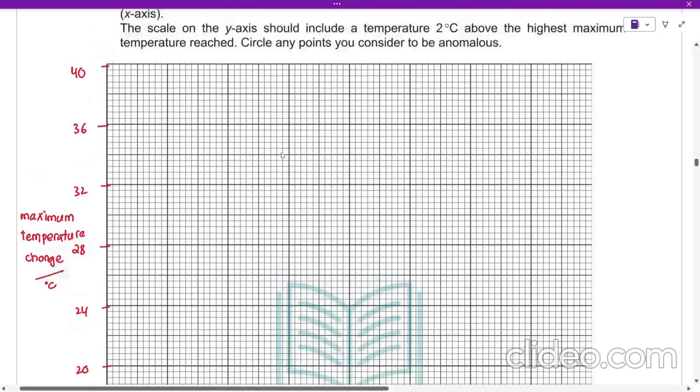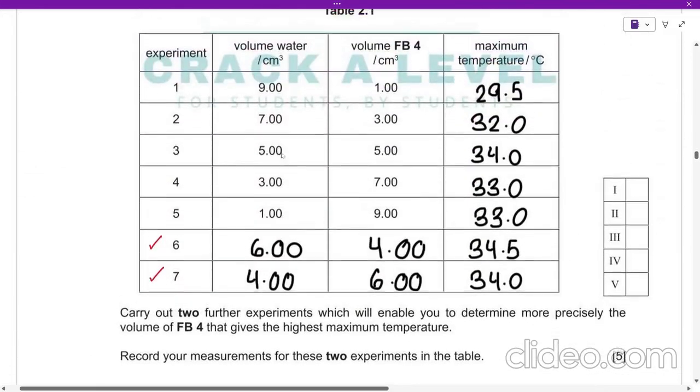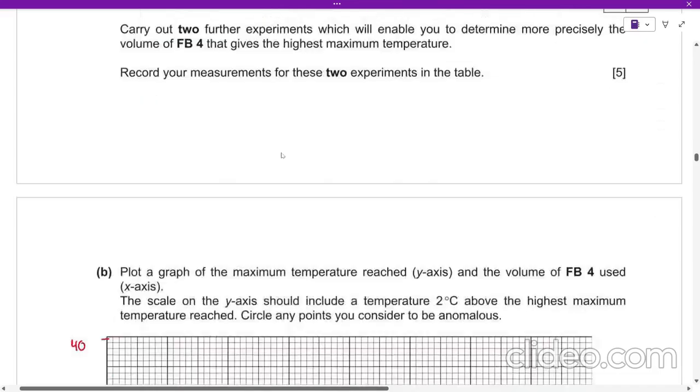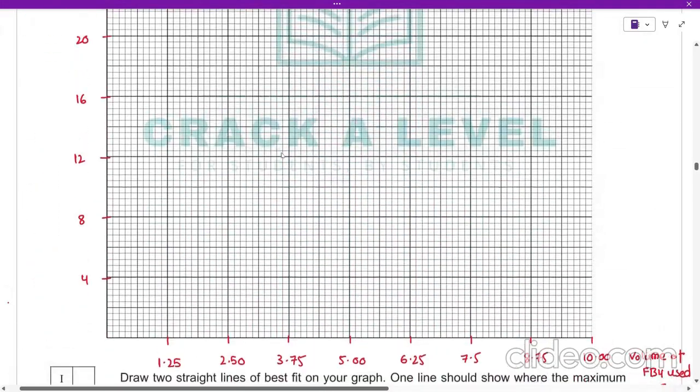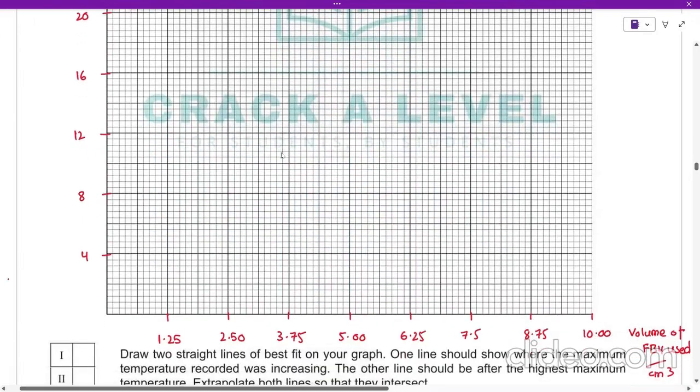Now let's plot the individual points. FB4 was 1 at 29.5. Let's check where 1 was. So what we could do is 1 minus 0 divided by 0.125, which gives 1 divided by 0.125. It is 8 places from the origin.